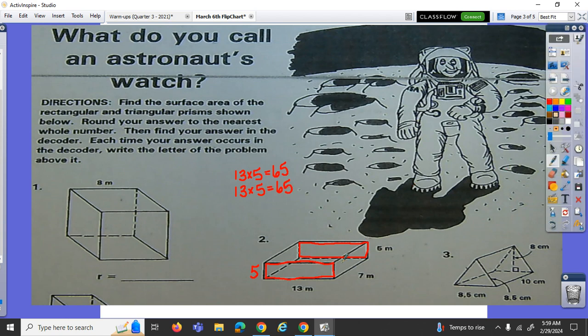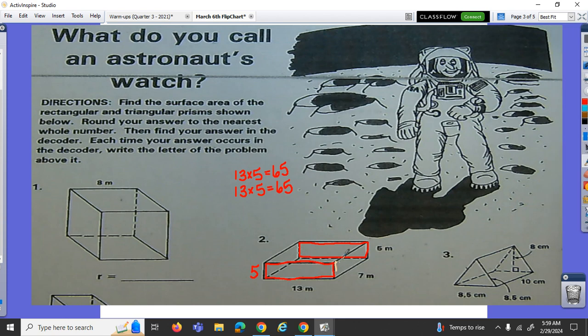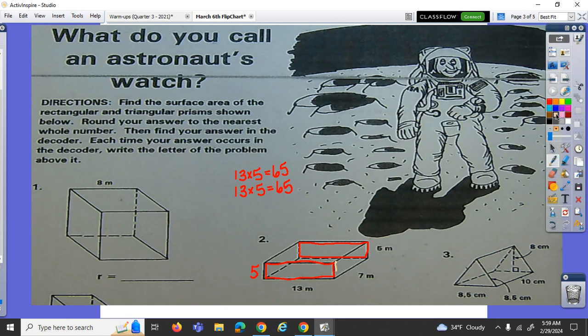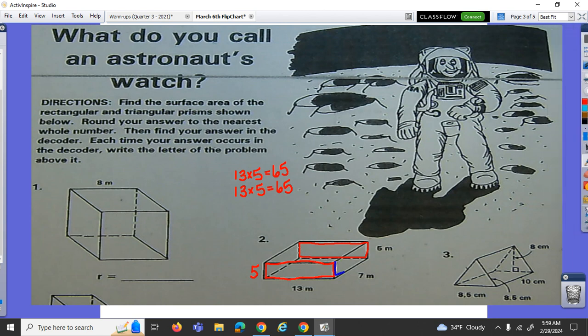Okay, the two on the side here in blue and this side as well would both be 5 by 7.